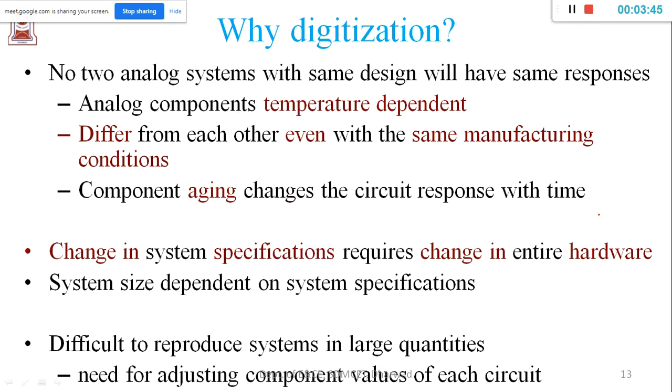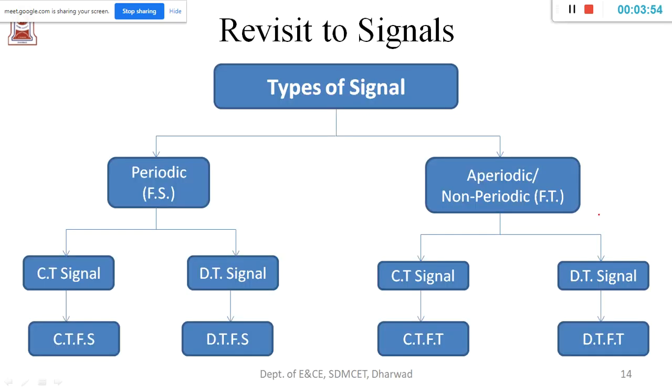So this is what we discussed: why analog systems are not preferred, and the advantage of digitalization over analog components. Now coming to the types of signals.